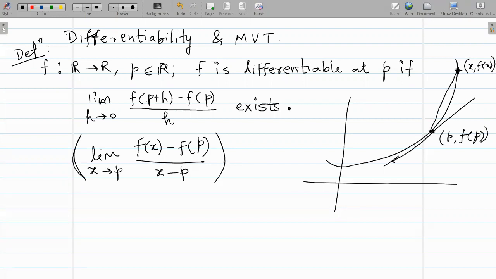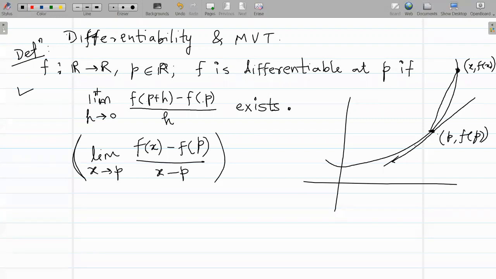Now as h tends to 0, x tends to p, and this chord starts tending to become a tangent. In that sense, as a limit, we obtain the slope of the tangent, and that is nothing but the derivative of the function. So that's perfectly all right. This is a perfect definition.